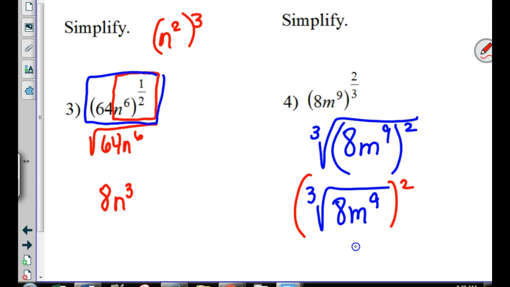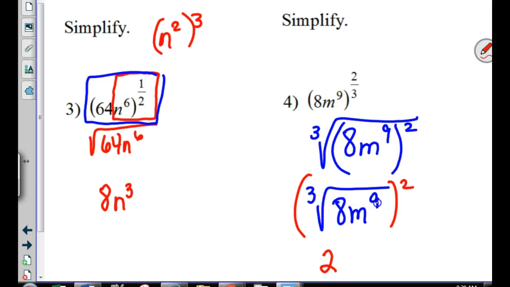The squared can come first or second. And I think it would actually be, in my mind, we should make it smaller before we have to make it bigger. Because if we square everything and then have to cube root, those are big numbers. Because what's the cube root of 8, guys? Just 2.